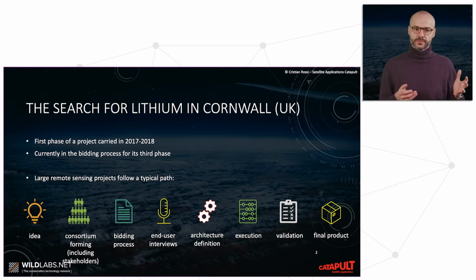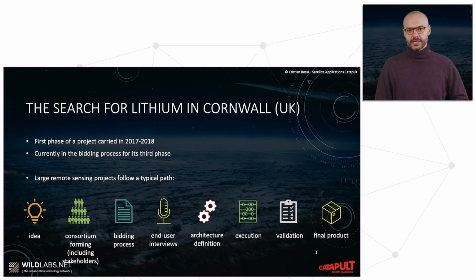Once the consortium is formed, there is a typical bidding process where basically there is a search for funding. So this sort of project does require some funding to get through and to pay the individual work that is done to run the process, and this is through a bidding process.